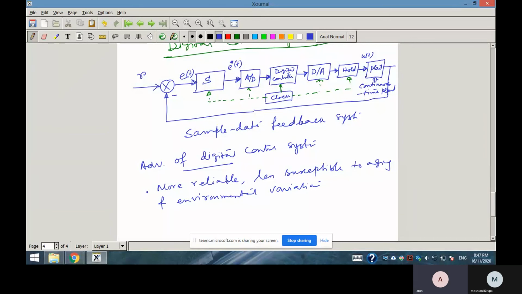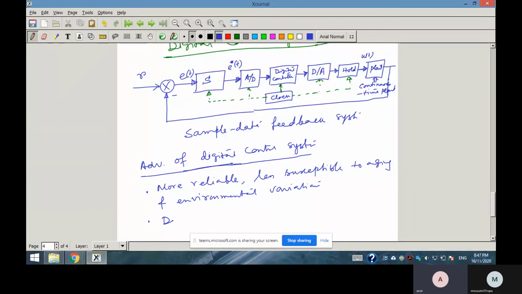So environmental variations and aging will not affect a digital control system. Why? Because aging effects will be there in the plant, but in the controller, if you implement it digitally, those effects will not be there. So this is one thing.